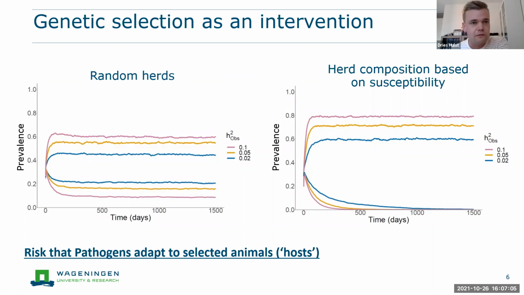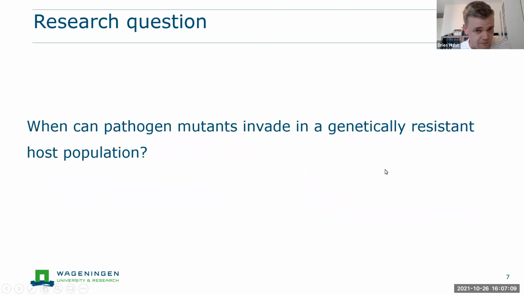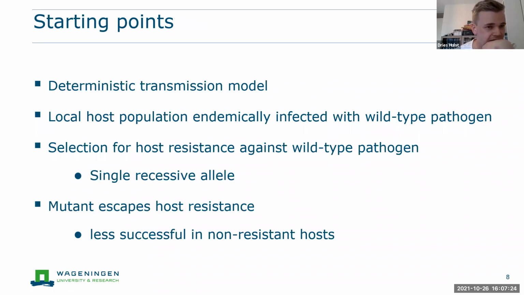That was the starting point of what I will be mainly talking about today. We ask ourselves: when can pathogen mutants invade in a genetically resistant host population? It might seem a little bit difficult to think about, as it was when I started, but it helped a lot to set very clear starting points for this analysis.